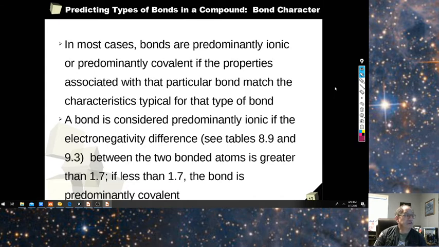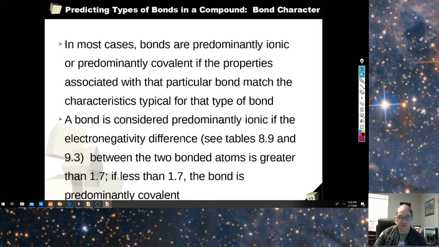Let's see, a bond, that part at the bottom. A bond is considered predominantly ionic if the electronegativity difference between the two bonded atoms is greater than 1.7.